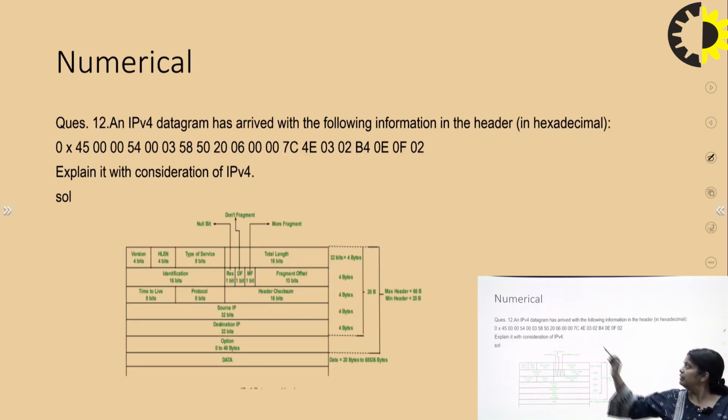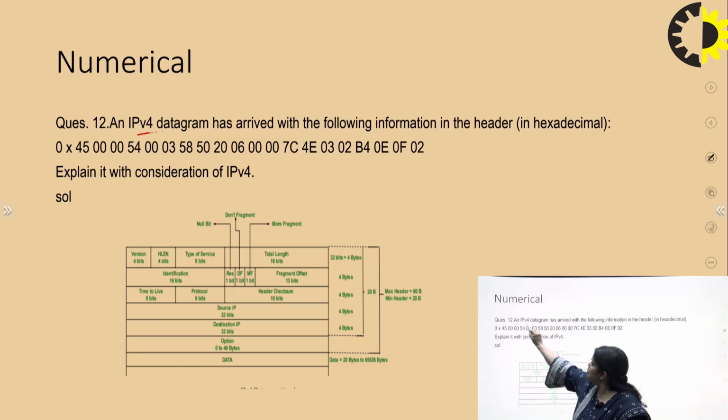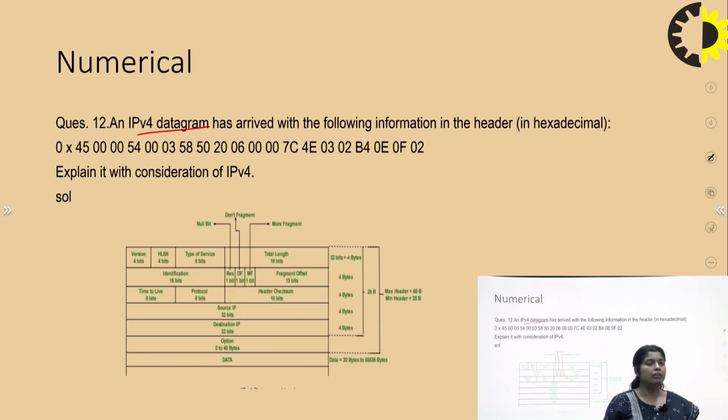Now, generally, this type of numerical will come in your exam. First of all, here it is written as IP version 4 datagram, which means you have to remember the whole header format with the sizes of all the fields. First you have to read the question: an IP version 4 datagram arrives with the following information.